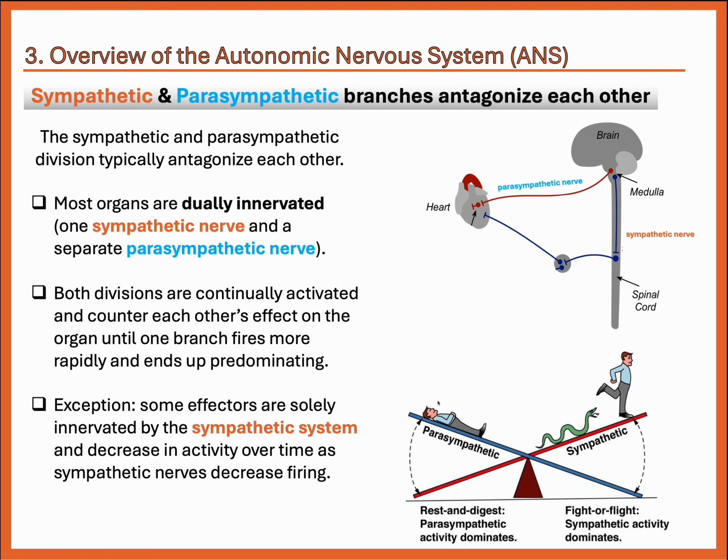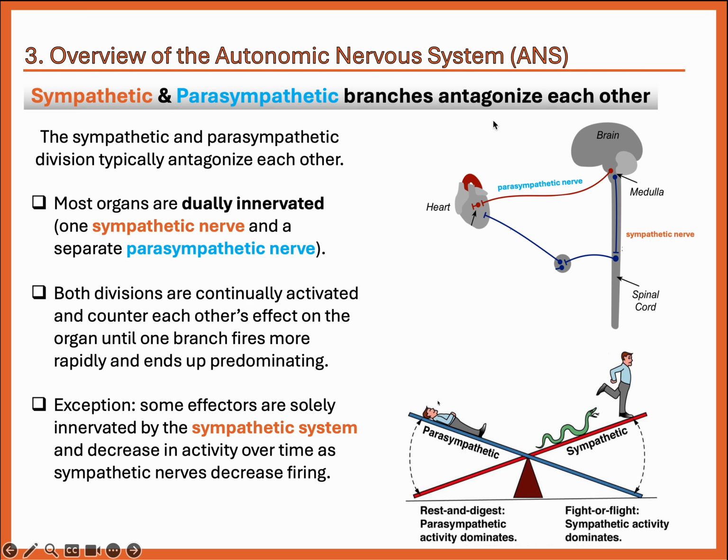So I need to talk about those two branches, right? Sympathetic and parasympathetic branches antagonize each other. What does this mean? Antagonize, an antagonist, this means goes against, right? There's an agonist, which helps to increase.